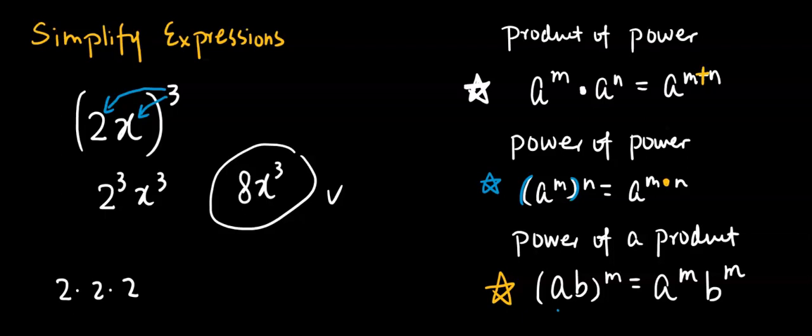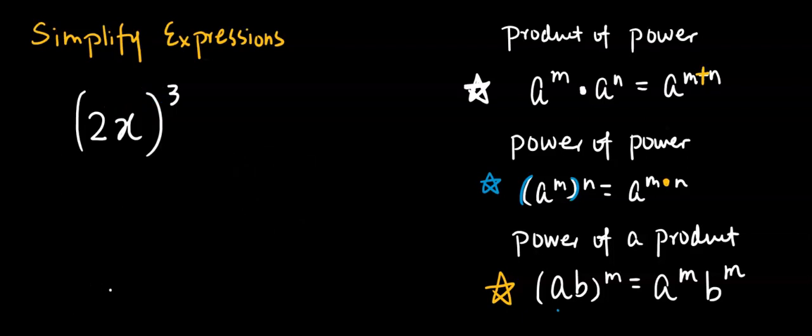All right, let's keep practicing. Can I change this question a little bit? This time, inside is 2 times x to the third power. X already has a third power. Remember, this outside exponent is going to give the superpower to each of them. So 2 gets the third power, 2 to the third power.